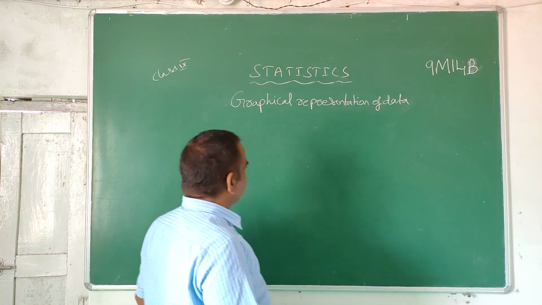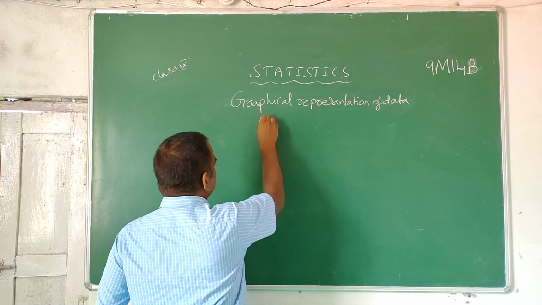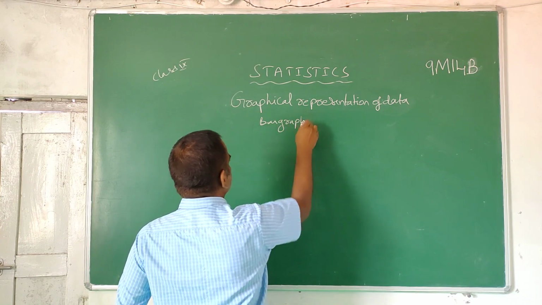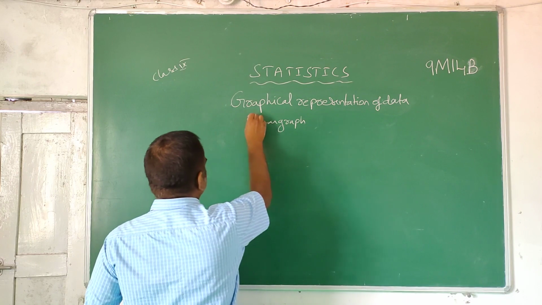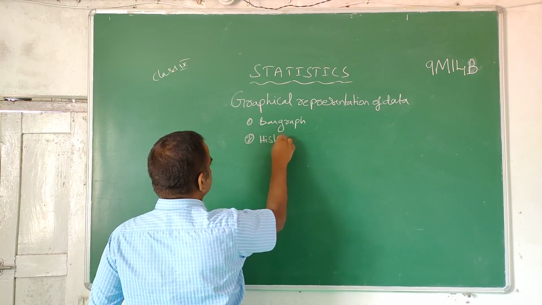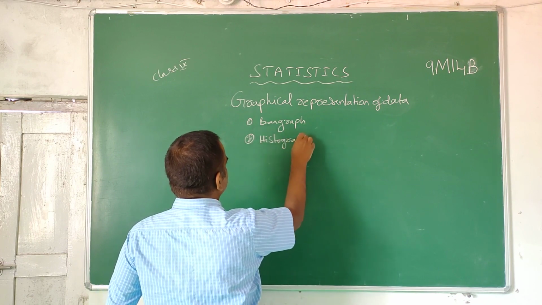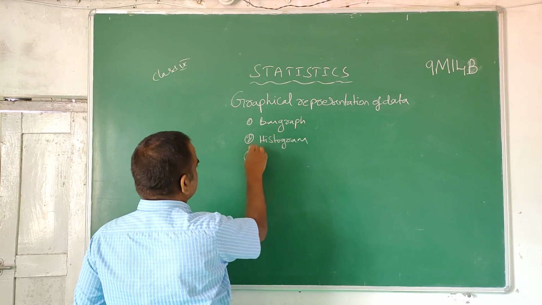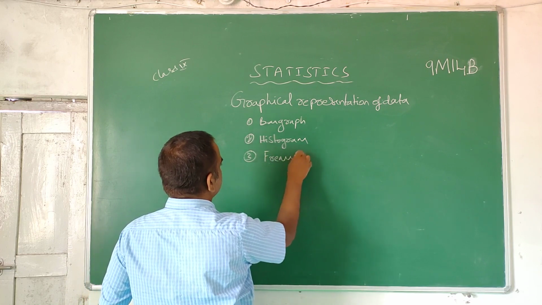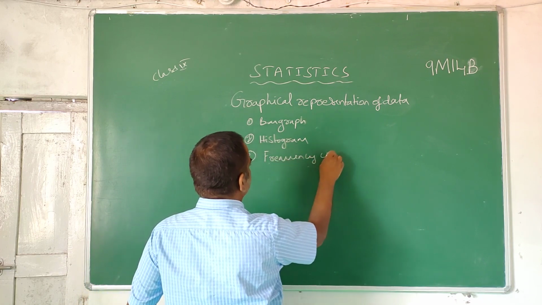There are types of graphical representation. One is bar graph, second is histogram, third one is frequency polygons or frequency curves.